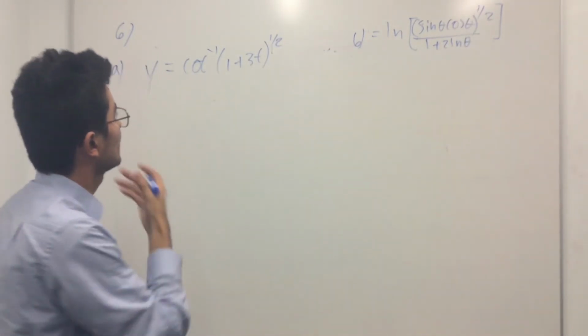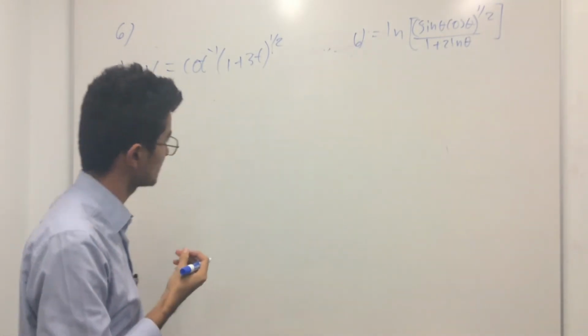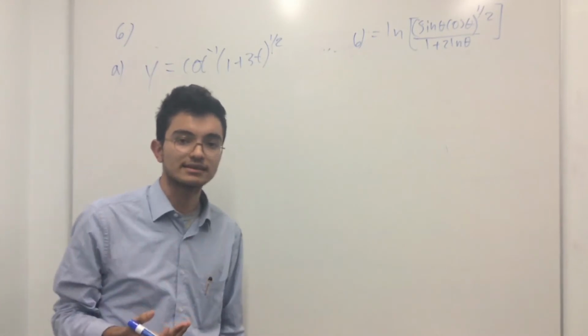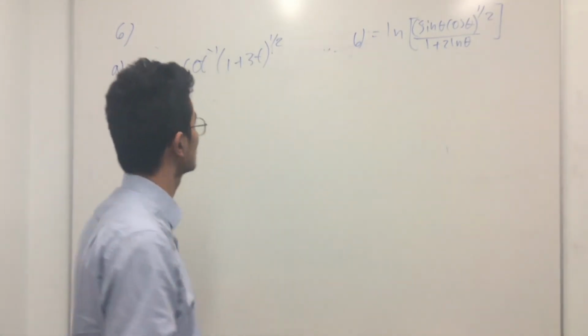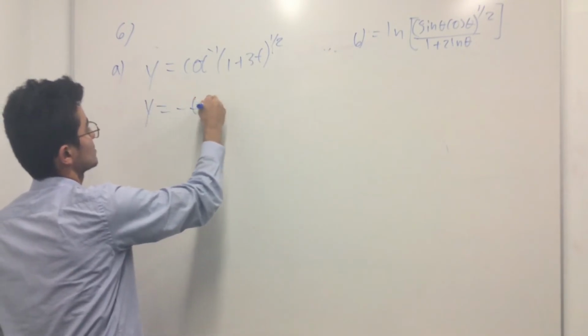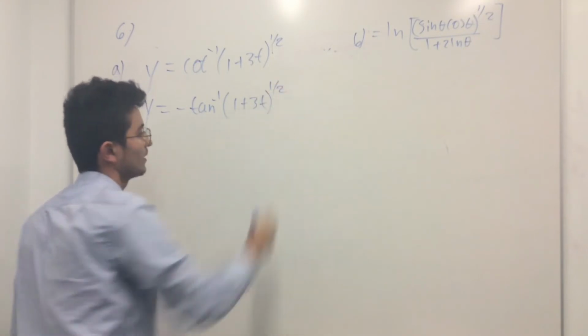So to find the derivative of cotangent inverse, we can take advantage of the fact that cotangent inverse is basically negative tangent inverse. So we could say that this is equal to negative tangent inverse of (1 plus 3t) to the power 1/2.